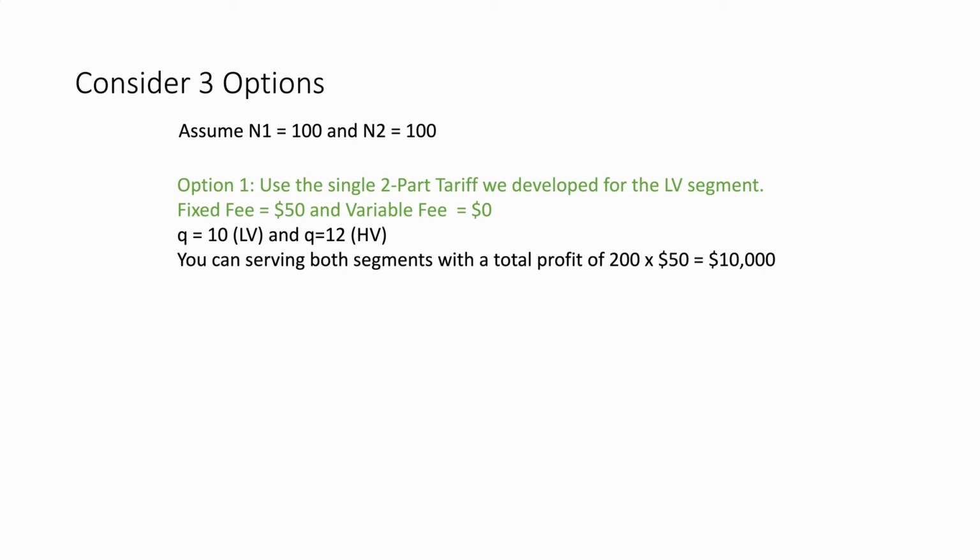In this case, the demand for the low value segment is 10 and the demand for the high value segment is 12 because the high value segment would happily buy the plan with a fixed fee of $50. Now you can serve both segments with a total profit of 200 times the fixed fee of $50. That is the size of the two segments times the fixed fee of $50. So the total profit is $10,000.